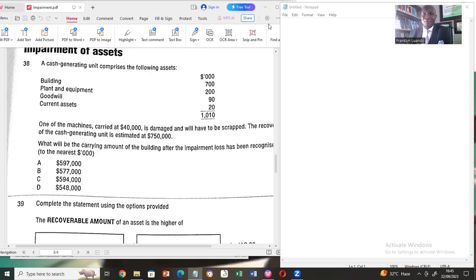In today's video, we are looking at impairment, that is IAS 36, impairment of cash generating units.